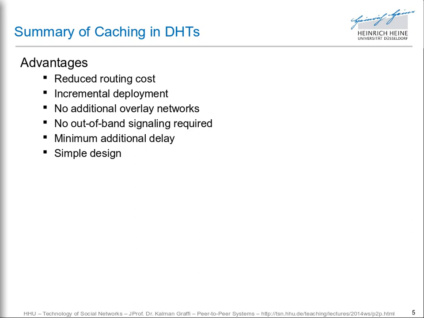We don't need additional overlay networks, and an out-of-band signal is not required, so we don't need to specify other messages than we use for our DHT overlay. And we have a minimum additional delay on building up a cacher, but it's a very easy process and design.